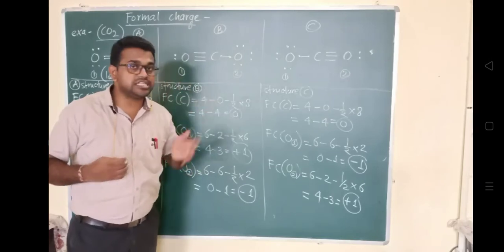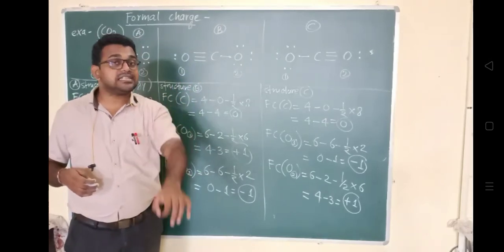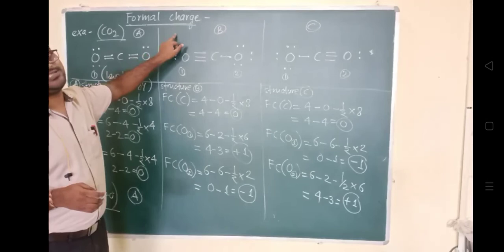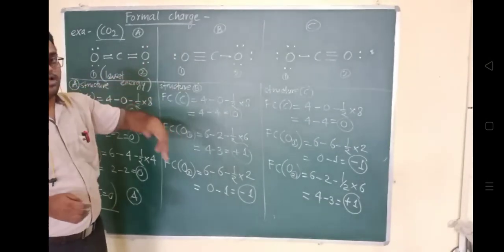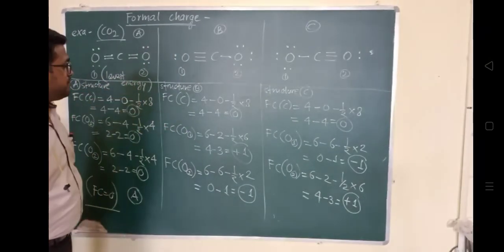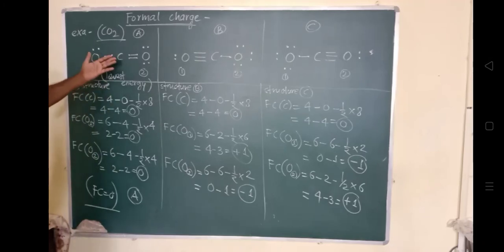Among all these, the deciding factor is formal charge. Formal charge will decide which has to be selected. Okay, and the possible value of formal charge should be near about 0, and that structure we have to select, which will indicate the lowest energy in that structure. Okay, so this is the concept about the formal charge.